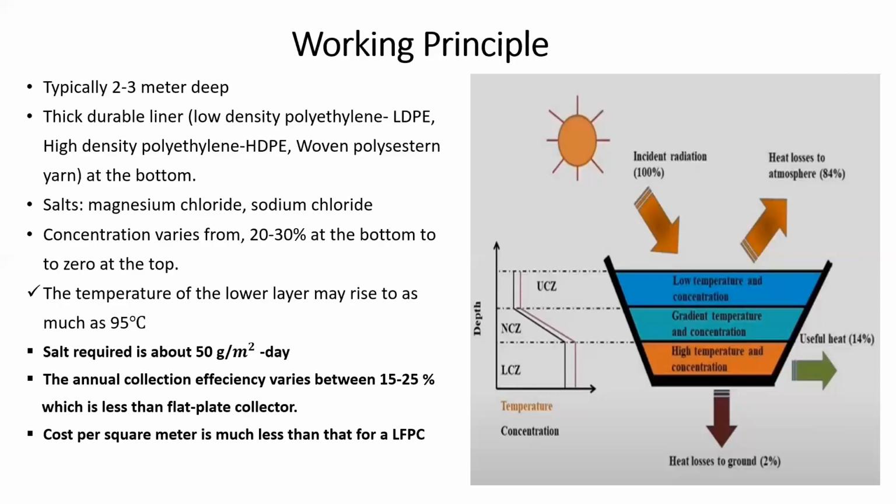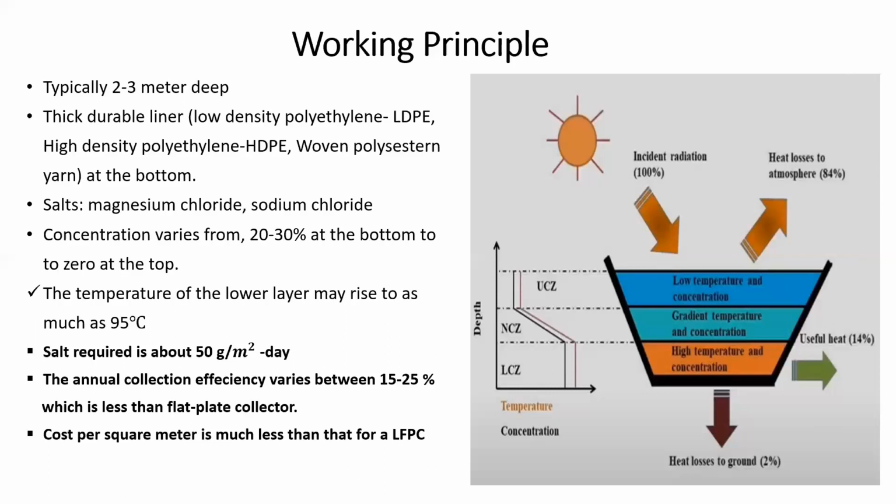So, these salt gradient data are calculated by experimenting on various solar ponds. The first experimental solar ponds were constructed in Israel in the early 60s by Tabor and his co-workers.